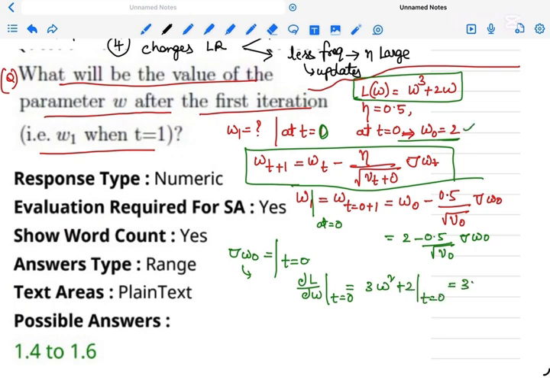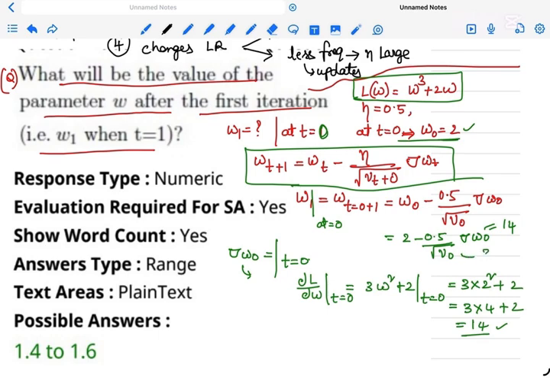That is 3 times 2 square plus 2, that is 3 times 4 plus 2, that is 12, 14. So this value equals 14.